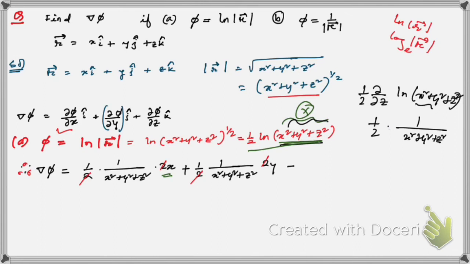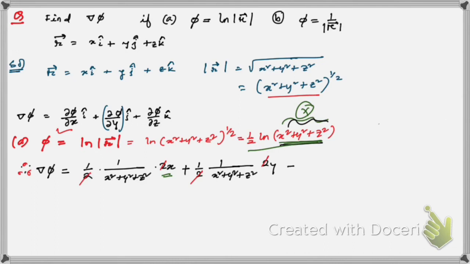Then again you have to differentiate the terms within the bracket with respect to z, so we will take x and y as constants, and the derivative of a constant is 0, so here we will get z² only. If you differentiate this with respect to z, then you will get twice z here. That is why we have got ∂φ/∂z equal to this one, right? So the 2 will be cancelled again.